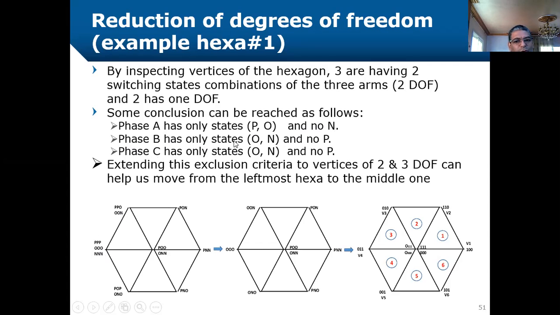Phase B has no B. This one also can be omitted here. This one also can be omitted here. No B. Okay? And the third one, phase C has no B. This one should be removed, and this one should be removed. So we are left with these markings only. Now we have only single combination per vertex. Okay?